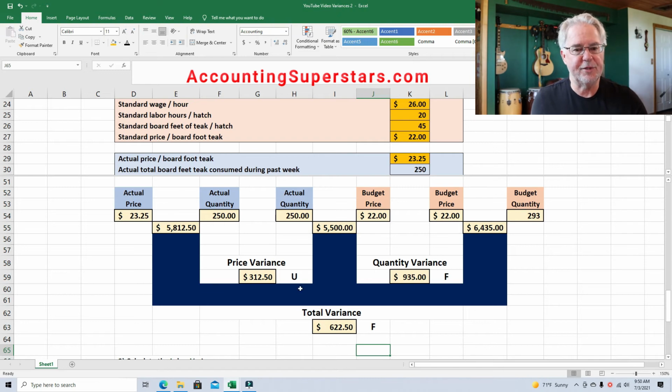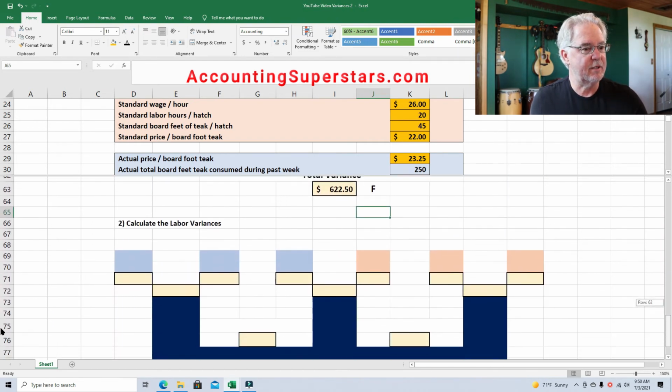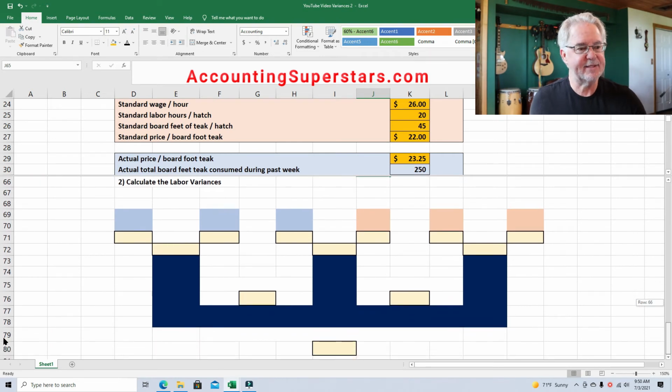So let's do the labor variance. The labor variance here works the exact same way, thank goodness. Let's put in our headings here. Got to know your alphabet. Actual price, actual quantity.